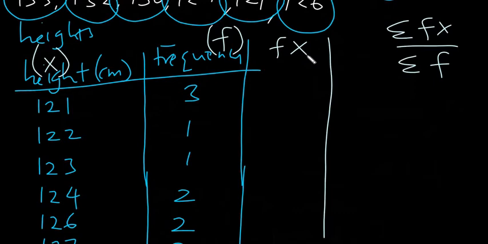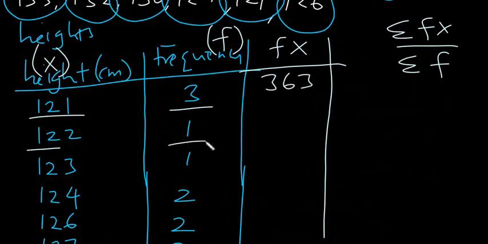Okay, so let's do that. We need to multiply 121 by 3, 122 by 1, and so on. So 121 times 3 is 363. Then 122 times 1 is 122, and 123 times 1 will still remain as 123.